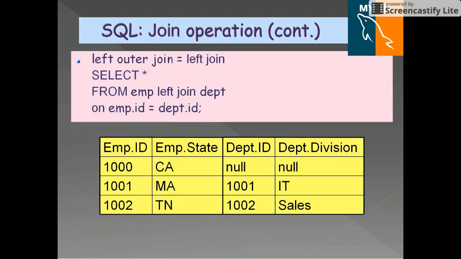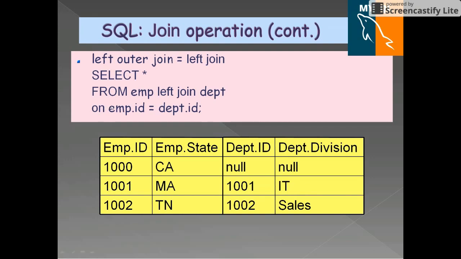Similarly, this is an outer join that could be used to perform the operation. Select asterisk from the table name. You can write left join or just write comma on emp.id equals department.id. If you are performing a left join, that means the record is fetched based on the left table, or the left side of this symbol.